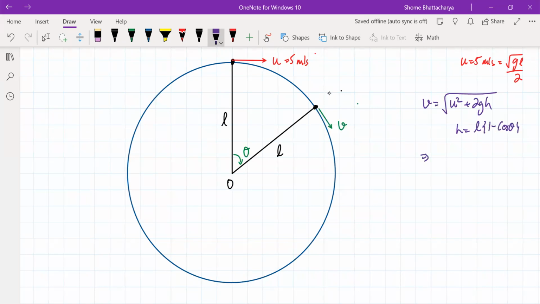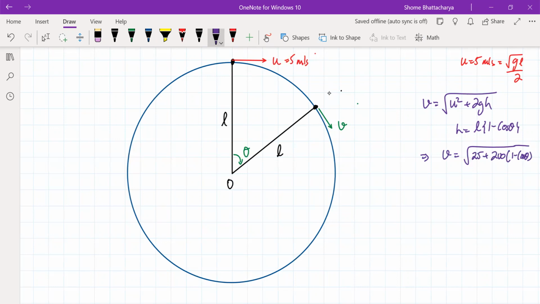So we have the first equation that V is equal to square root of 25 plus 2GL, which will become 200, because L was 10, into 1 minus cos theta.